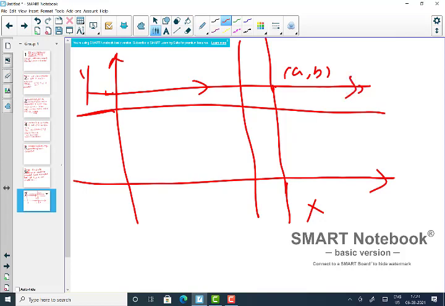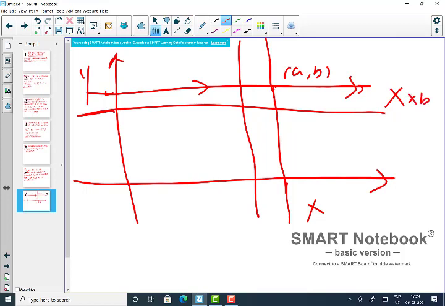So let me first take two lines. One is this line. This is the point (a, b), which is inside the line. Here X is varying and Y is constant, so you can write X cross b.